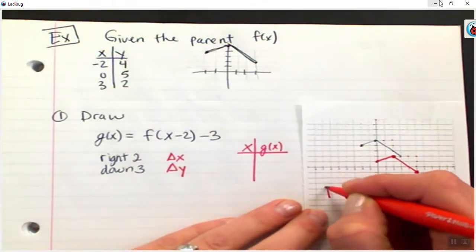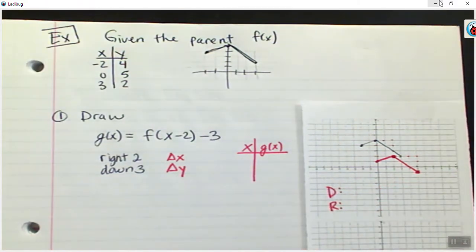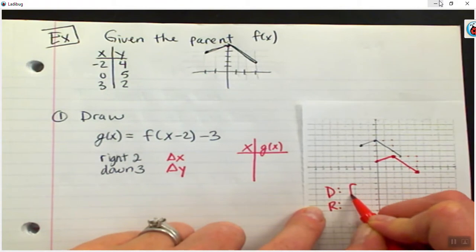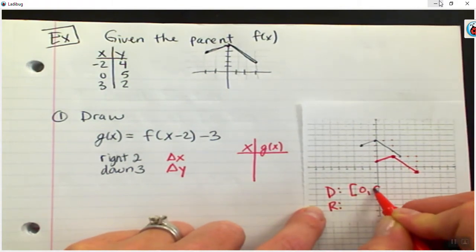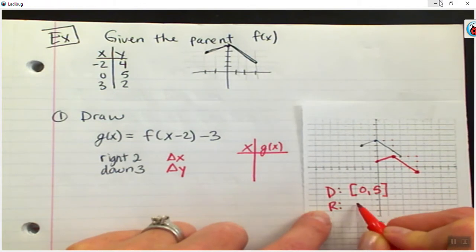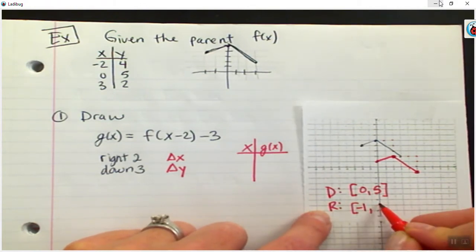Okay, add the domain and range just as practice. You've learned characteristics. At any point I could ask for them. Where is it increasing? Where is it decreasing? Does it have an x-intercept? At any point those questions can reappear. I prefer interval notation.